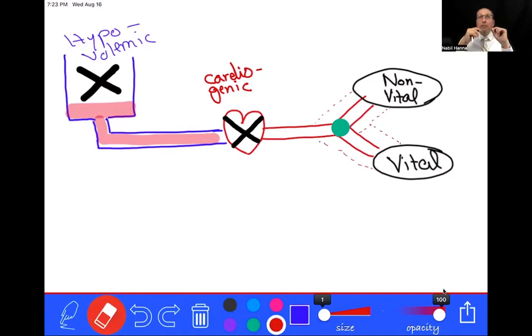There will be maldistribution. If all arteries are dilated, which organs will receive more blood? The vital or the non-vital? The non-vital. Why? Simply because they have more number of arteries, simply because they are larger. So we call this type of shock distributive shock.